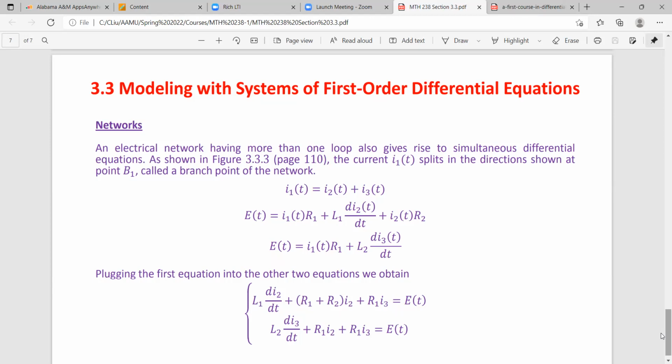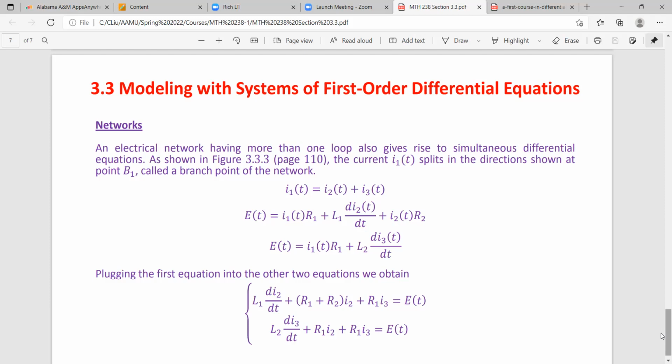We have networks where you have different loops in a circuit. An electric network having more than one loop also gives rise to simultaneous differential equations. In that case, obviously you're going to have more than one differential equation, depending on how many loops you have. Each loop gives you an equation.